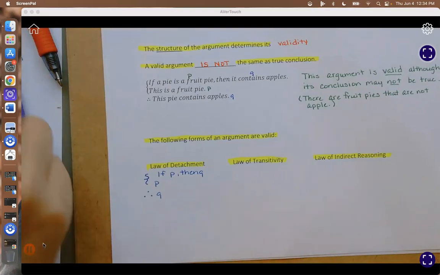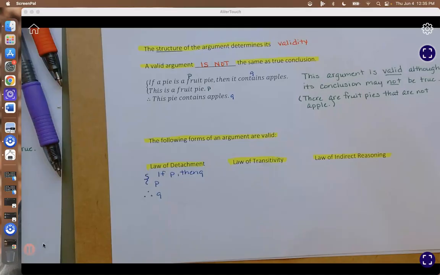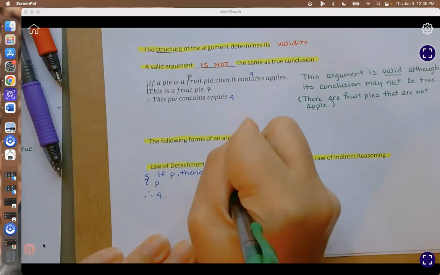Okay? Now, transitivity. If you think about the transitive property that you learned back in probably 7th, 8th grade, the law of transitivity had three things. So it said if 1 is equal to 2 and 2 is equal to 3, then 1 and 3 are equal. So it's kind of like that.